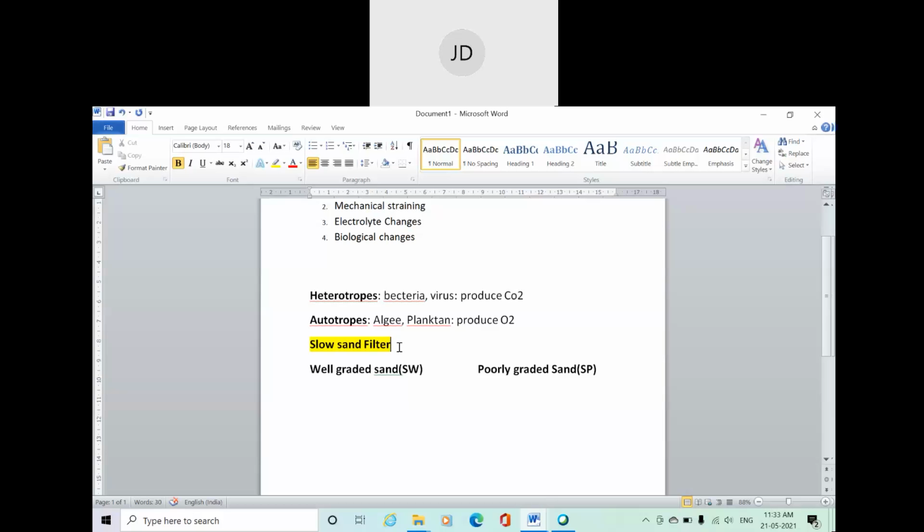Although because of the film only the water is purified, from time to time we must allow water to pass through the sand layer and through the gravel, and finally we can get treated water. To get treated water, the water must go through the sand, then the gravel, and finally we collect the treated water from the bottom.